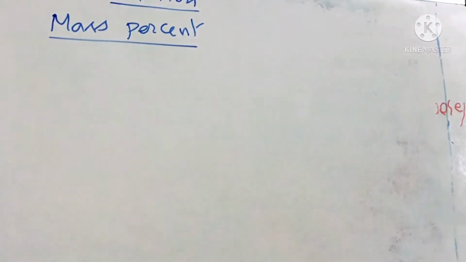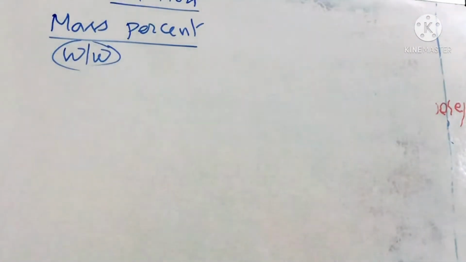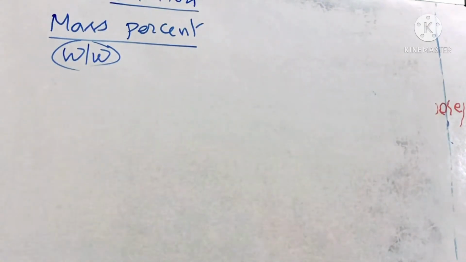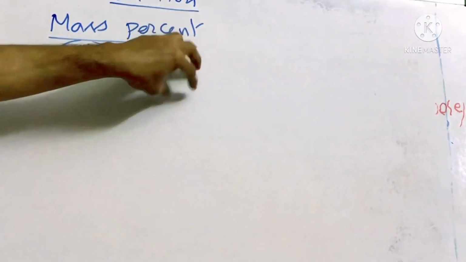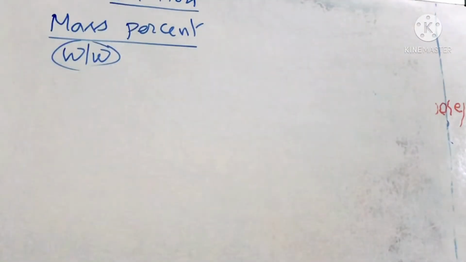This mass percent is defined in different ways. One is weight by weight. Mass percent means you take the total mass of the solution, and the particular component, what is its mass? So the mass of the component by the total mass, into 100, gives the mass percentage. Clear?